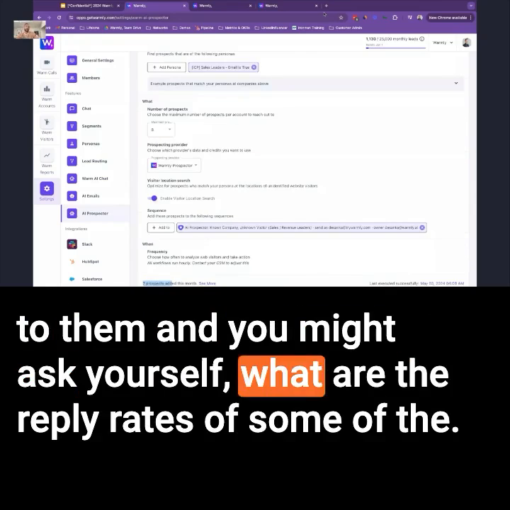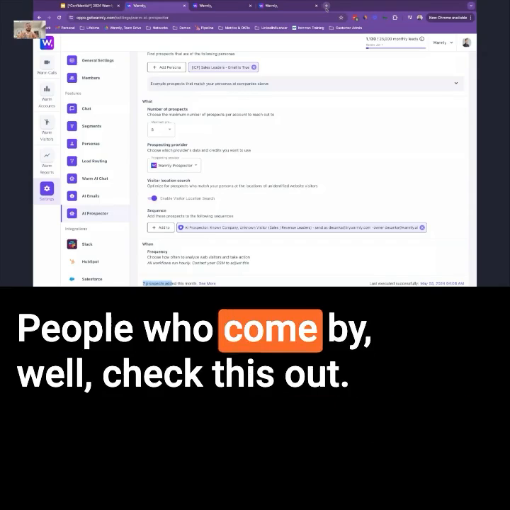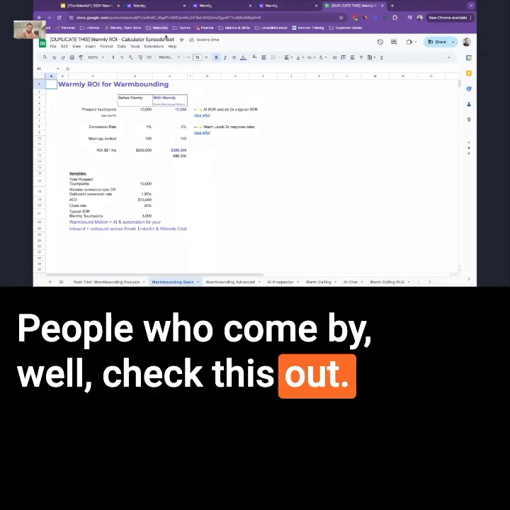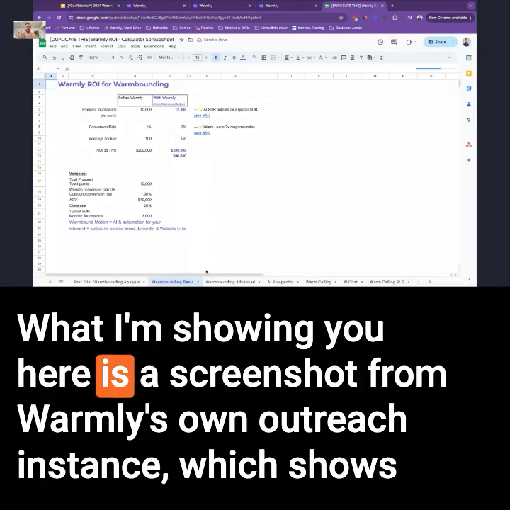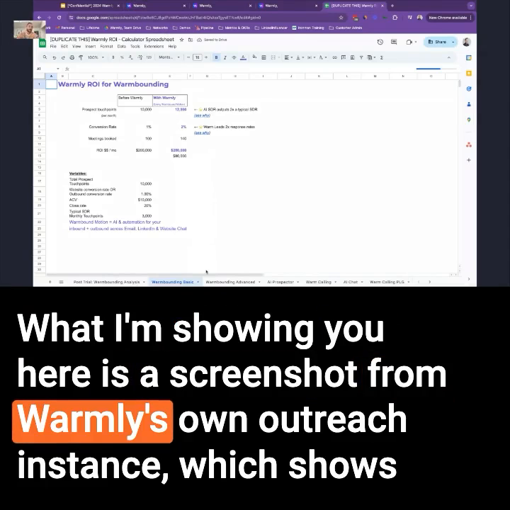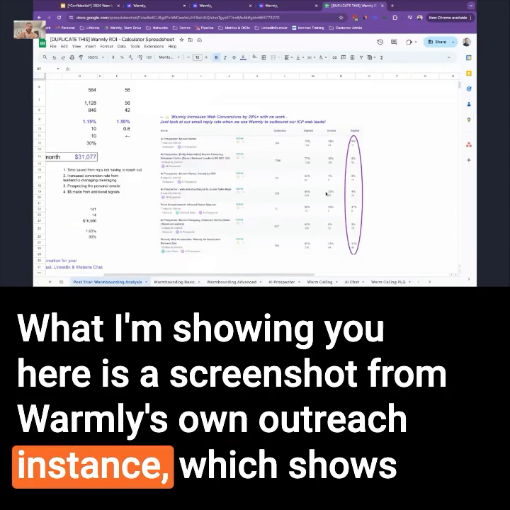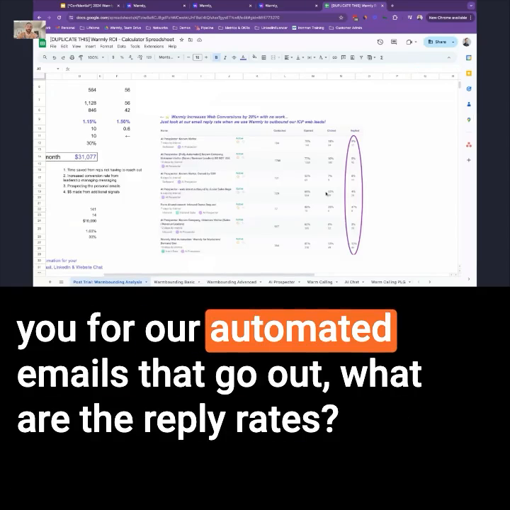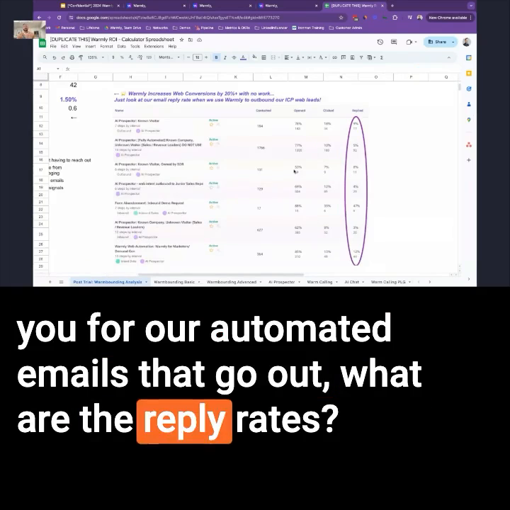And you might ask yourself, what are the reply rates of some of the people who come by? Well, check this out. What I'm showing you here is a screenshot from Warmly's own outreach instance, which shows you for our automated emails that go out, what are the reply rates?